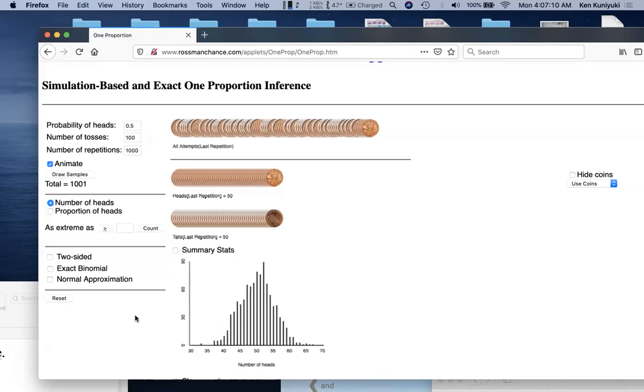This is what we're seeing from the simulation where 1,000 students are flipping a fair coin 100 times. According to the binomial distribution, the frequency distribution should look something like this in green, and as you can see, it very closely models what we actually saw from our simulation.